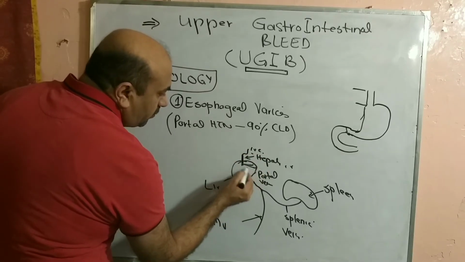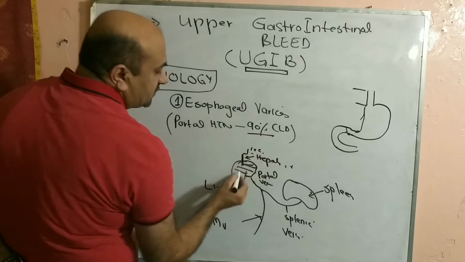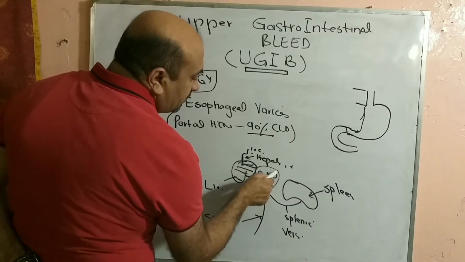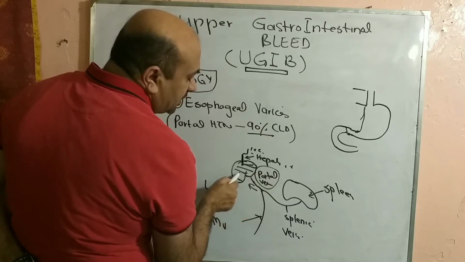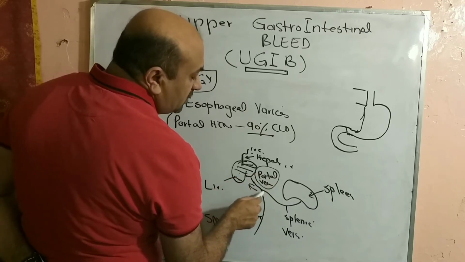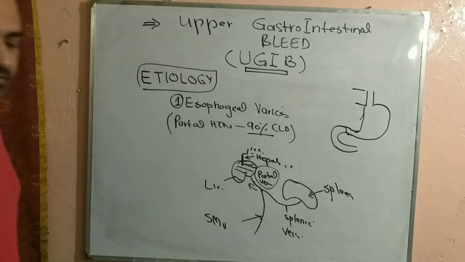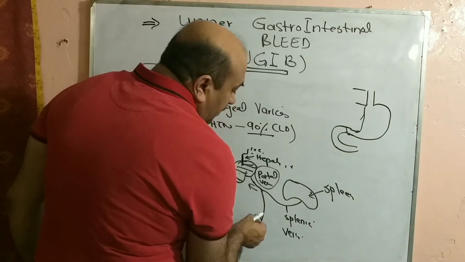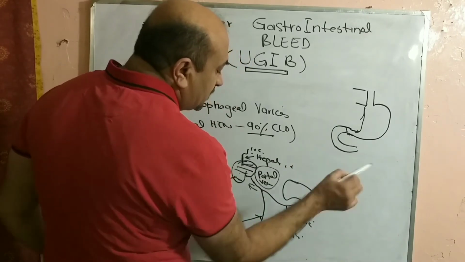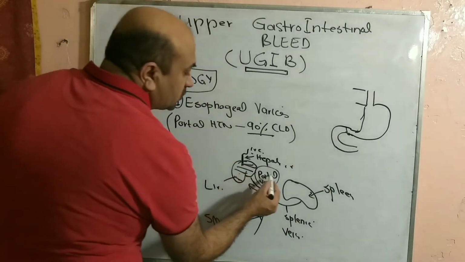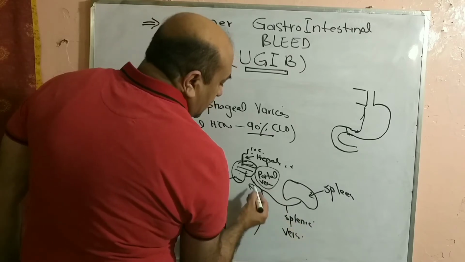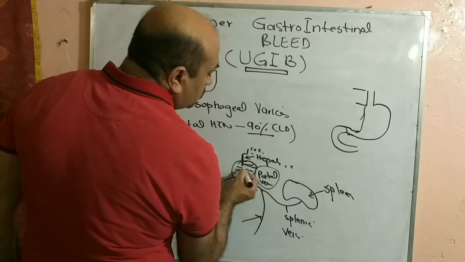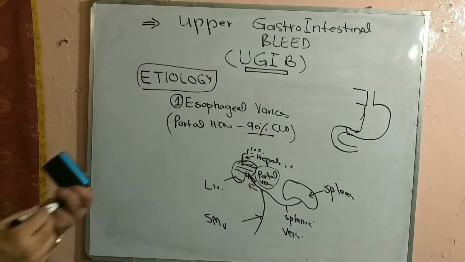So if there is a problem here, in 90% of the cases, this is the cirrhosis of the liver. It doesn't allow the portal vein to let the blood pass through the liver. So the portal vein then develops some collaterals to let this blood go through those collaterals to the systemic circulation, which we call the portosystemic shunt, because the portal vein is no longer able to let the blood go through the liver because of the cirrhosis.